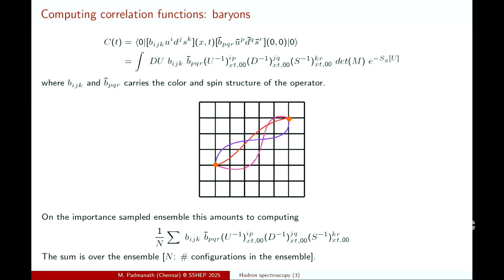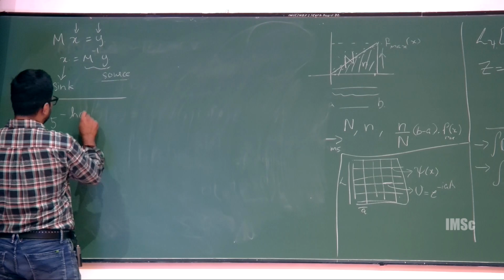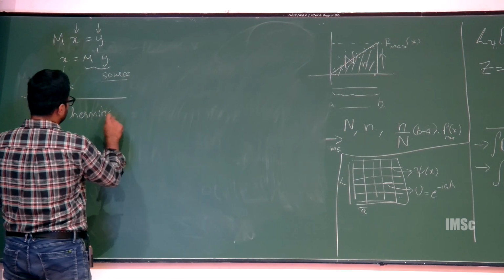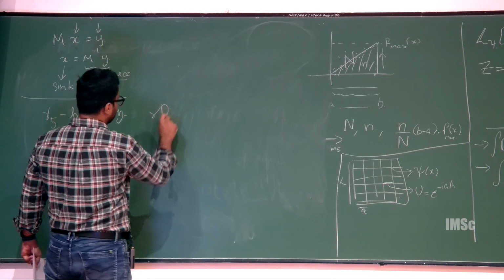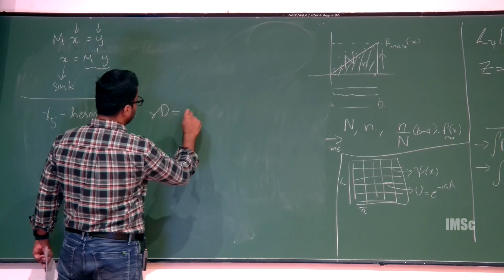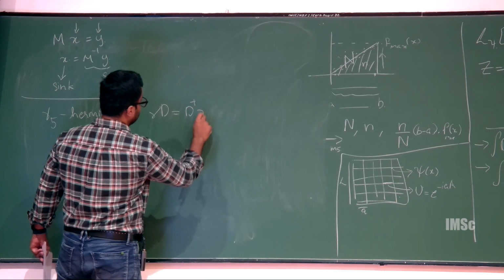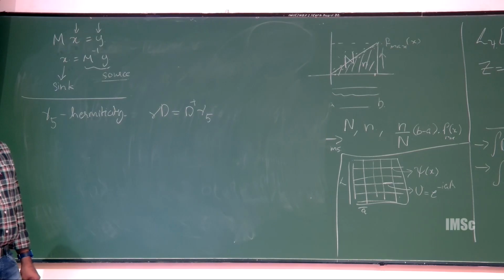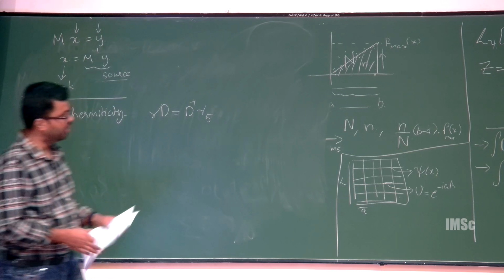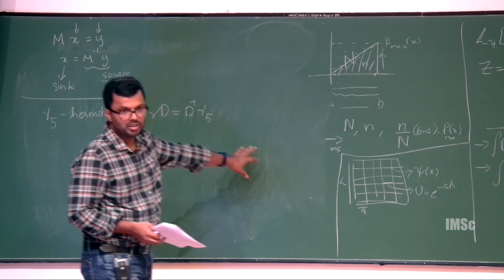There is this symmetry called gamma 5 hermiticity, which means that your fermion action has this symmetry. Typically all lattice actions have this symmetry. This is relevant in the sense that if you want to have a positive definite determinant of M, you need to have this symmetry.